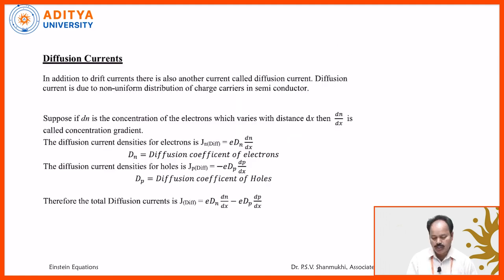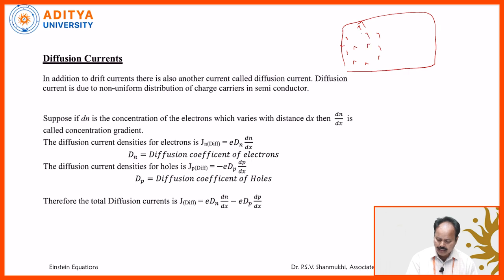Now coming to diffusion. Imagine there is some region in a semiconductor with more concentration of electrons here and less concentration of electrons here. Generally the carriers will diffuse, moving from higher density to lower density. That kind of motion is called diffusion, and it produces some current automatically, known as the diffusion current density.